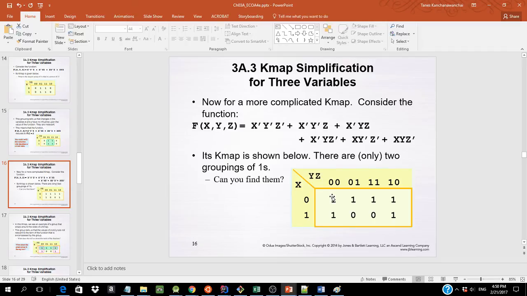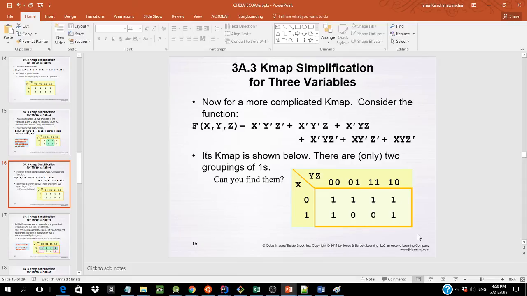And then 001, and 011. This is 011, which should be right there. And then 010, which is right there. And then 100, and then 110.